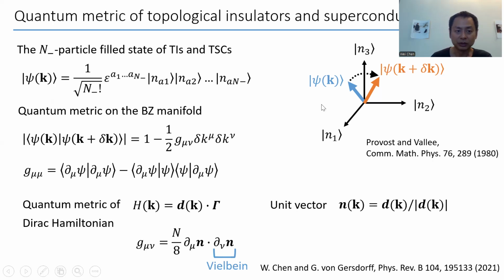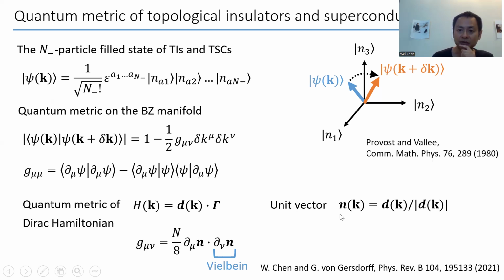Now, particularly for Dirac models, which are relevant to topological insulators and topological superconductors, your Hamiltonian is described by a D vector that describes the momentum dependence of the Hamiltonian, in product with the gamma matrices, the Dirac matrices.